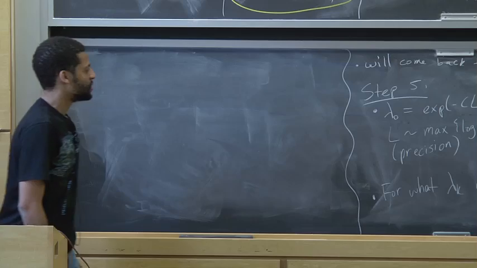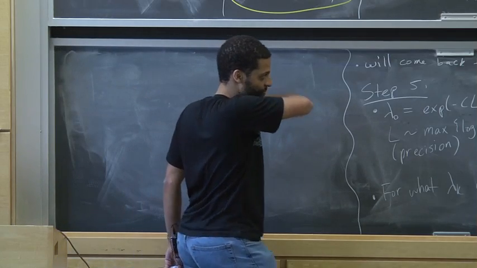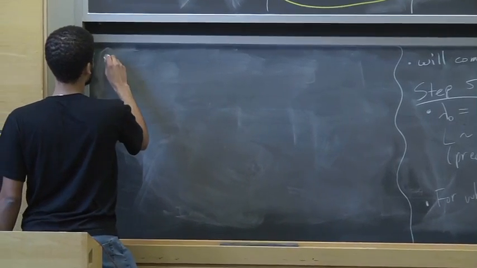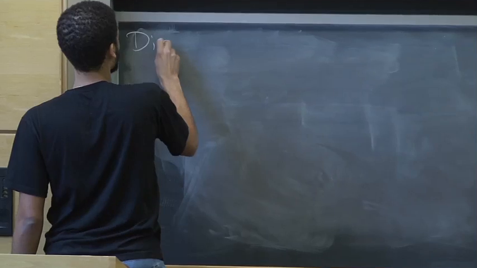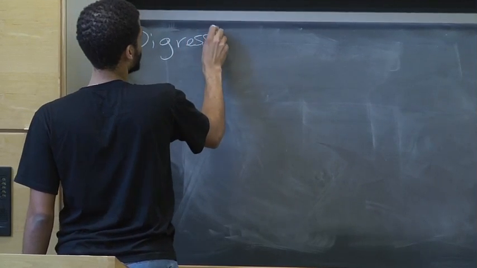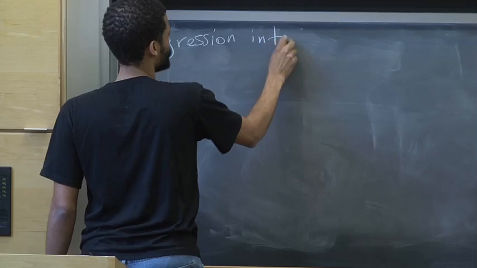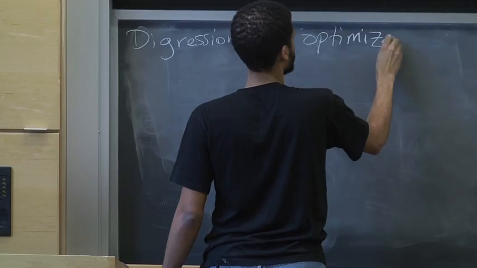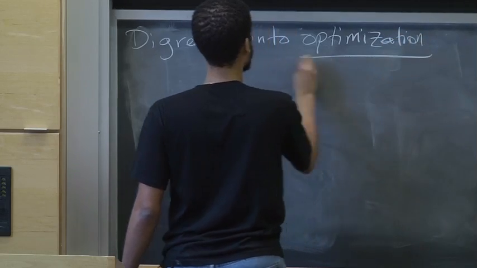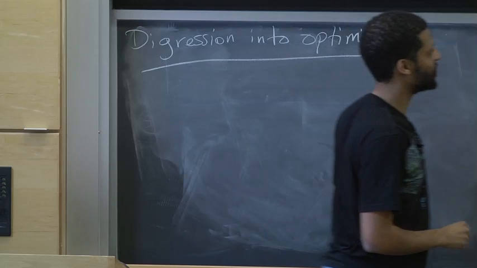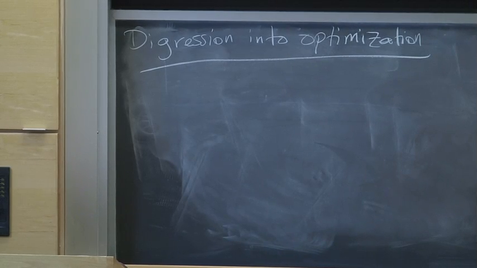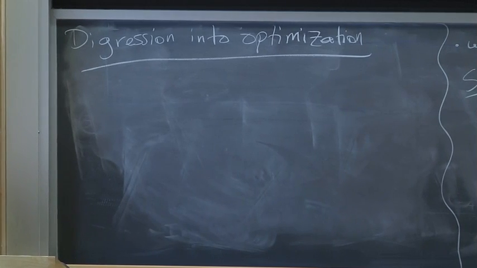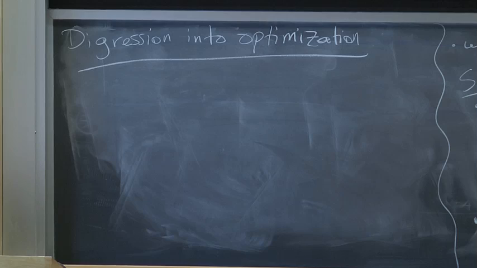Okay. So, a digression into optimization. Before I can tell you how we actually carry out the vague plan, I guess I erased step 5.